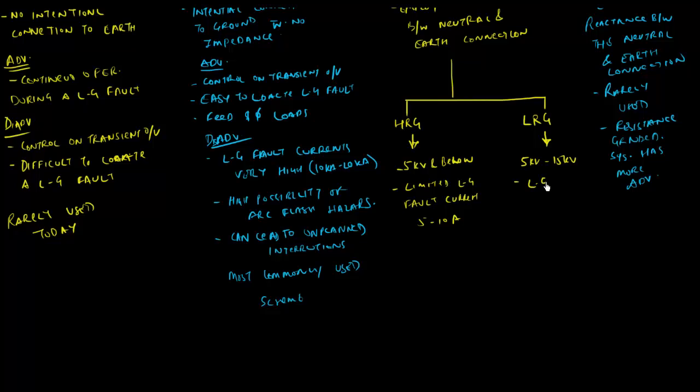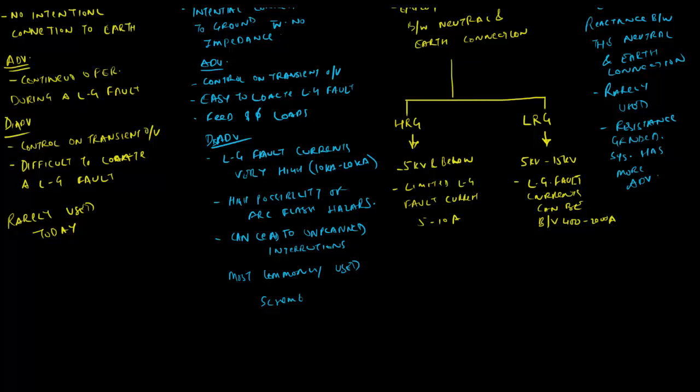In this case, line to ground fault currents can be between 400 to 2000 amps.